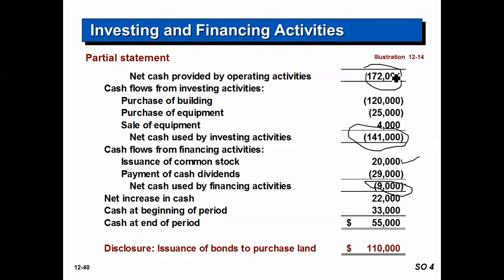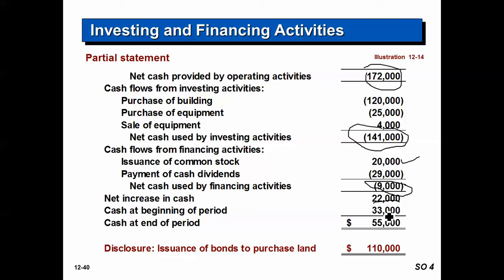So you see from operations 172, but 141 of that went to pay for investing in equipment. 9,000 went to pay for dividends. So 172 source, 141 use, 9,000 use gives me a net cash increase of 22,000.